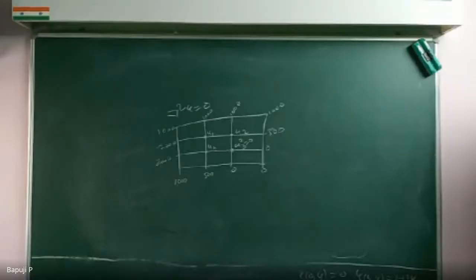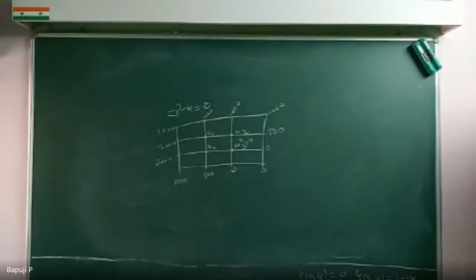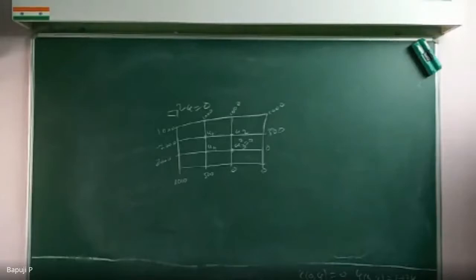Another way: using the diagonal formula on U1 and U3, we get 4 U1 naught equal to 1000 plus 4 U3 naught, and 4 U3 naught is 500 plus U1 naught. We'll get two equations. If we solve that, we can get the values of U1 naught and U3 naught, right, sir?